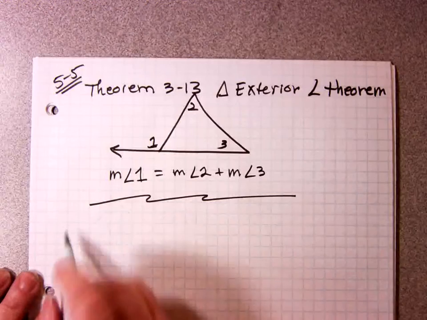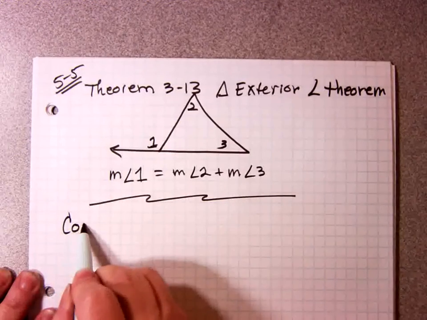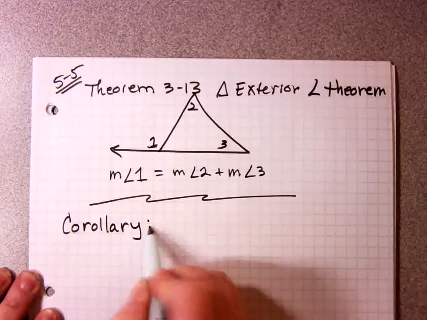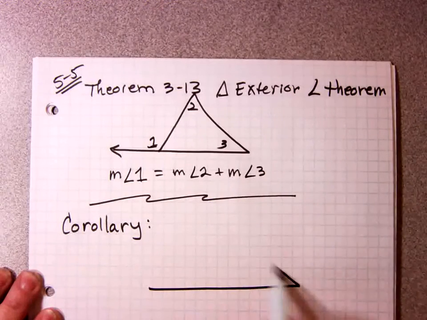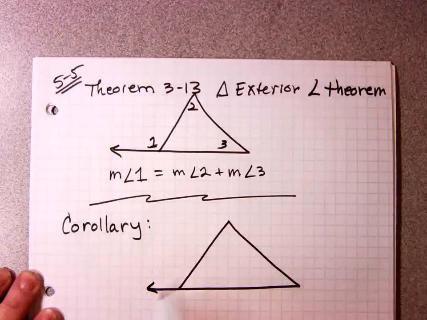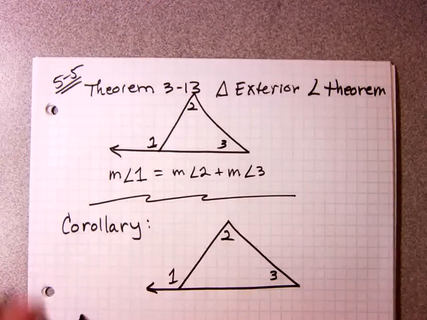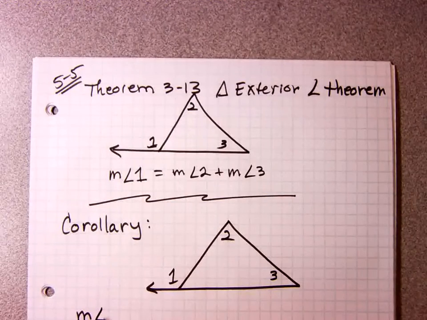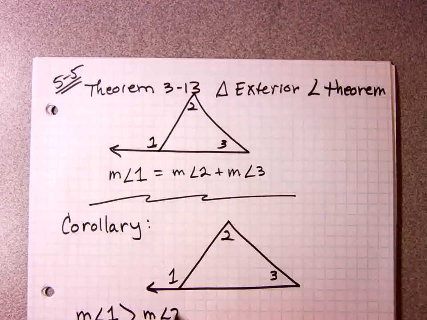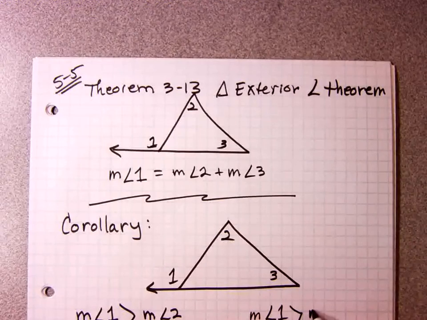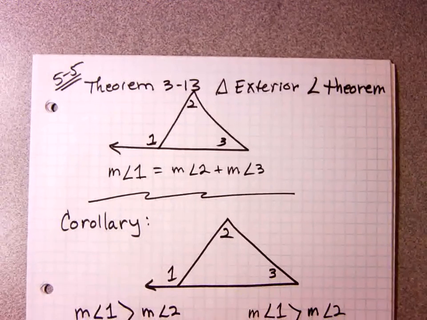On to chapter 5. I mention this because we have a corollary to this theorem, and it states, using the same diagram, that the measure of angle 1 is greater than the measure of angle 2, and that the measure of angle 1 is also greater than the measure of angle 3.